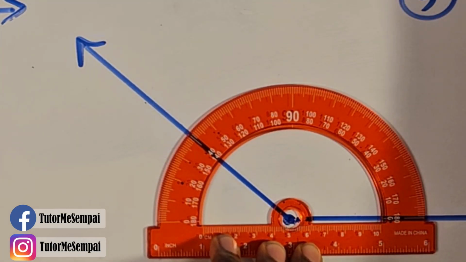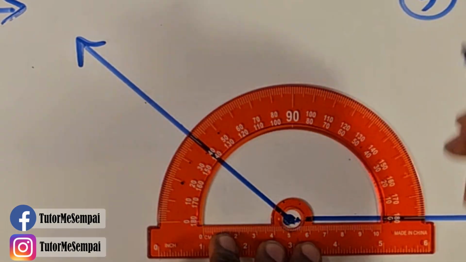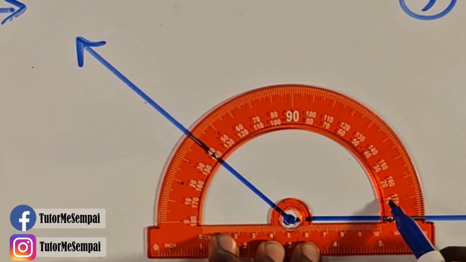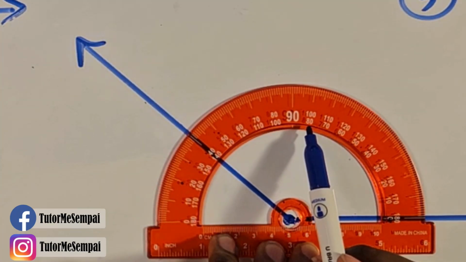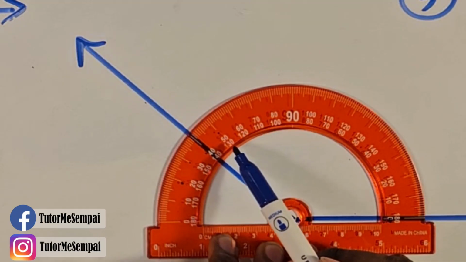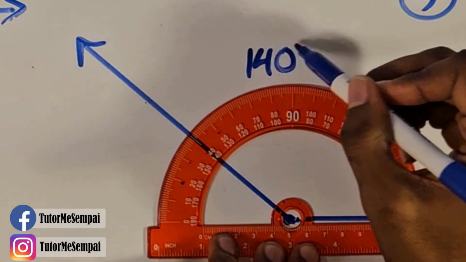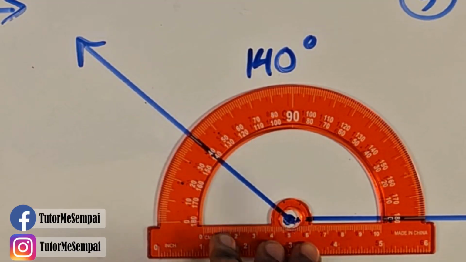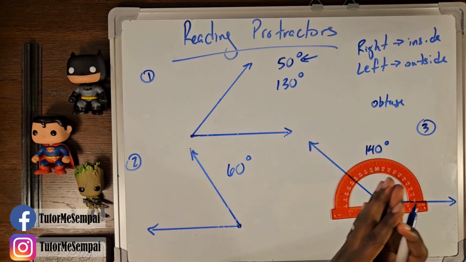Are we counting the inside or outside numbers? The inside numbers, right? So because we're pointing to the right, we're using our inside numbers. So that's 0, 10, 20, 30, 40, 50, 60, 70, 80, 90, 100, 110, 120, 130, 140. This is 140 degrees. And this is going to be how you're going to read your protractor.